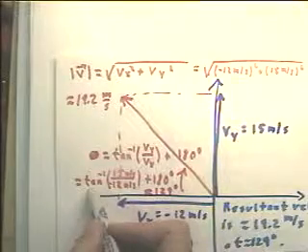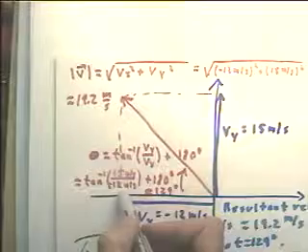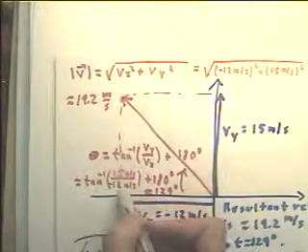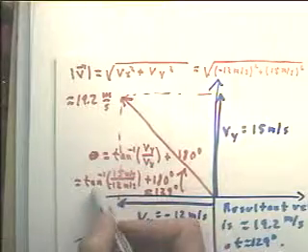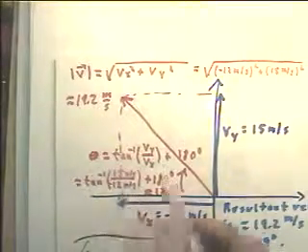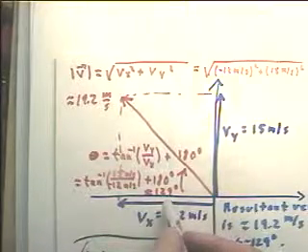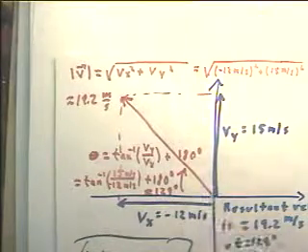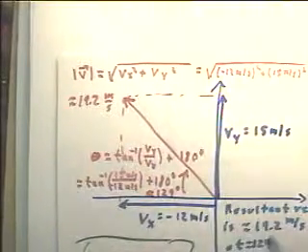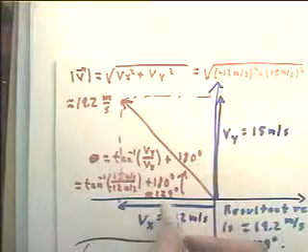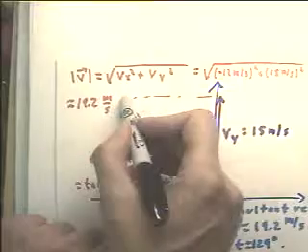The inverse tangent of 15 meters per second over negative 12 meters per second is the inverse tangent of negative 1.25. When you take the inverse tangent of a negative, it will give you a fourth quadrant angle. In this case, I believe that angle is something like negative 51 degrees. If we add 180 degrees to that fourth quadrant angle, that brings us into the second quadrant and gives us a 129 degree angle. So that's the angle.